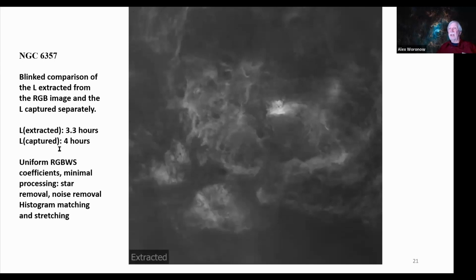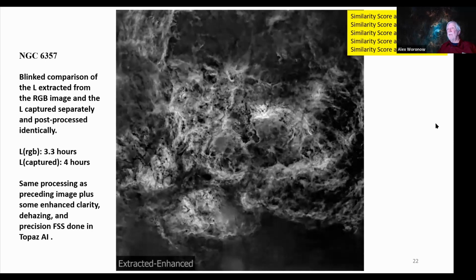And over here, for your information, is what I did to the images before comparing them. That's the blinking. Here's the next image. This is one where I used a quantitative method. So this is captured and enhanced, and captured and extracted and enhanced.